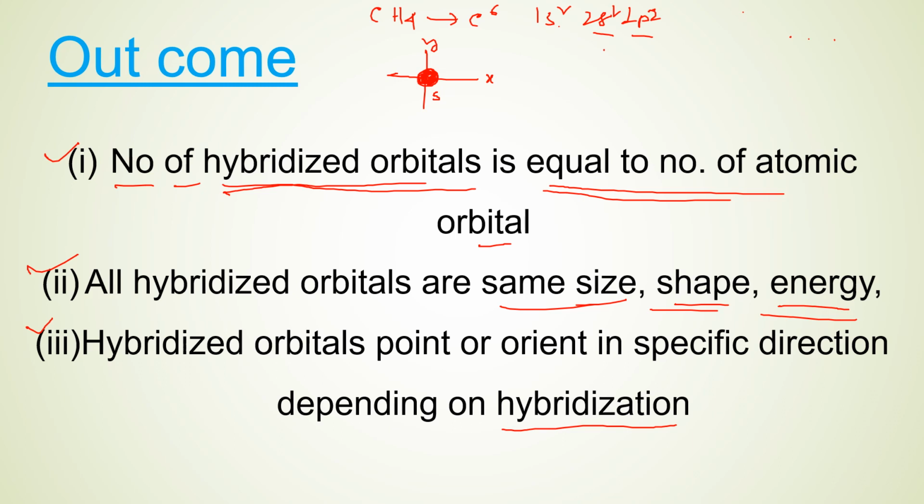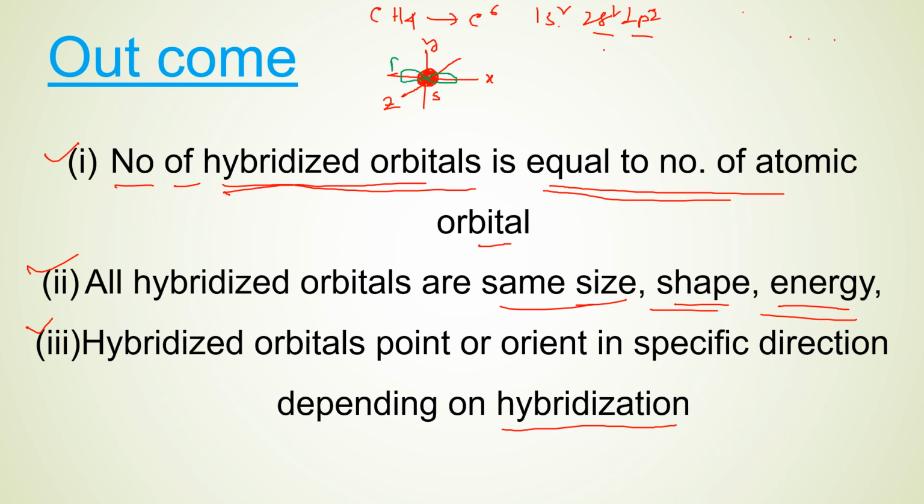If I draw the p orbital in the x direction, that is px, it is basically a dumbbell shape.